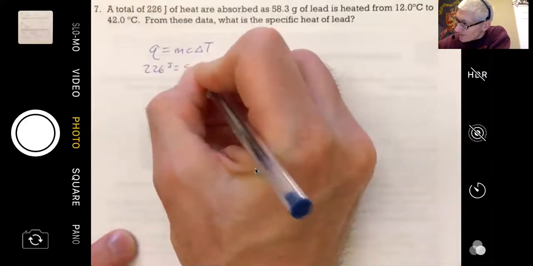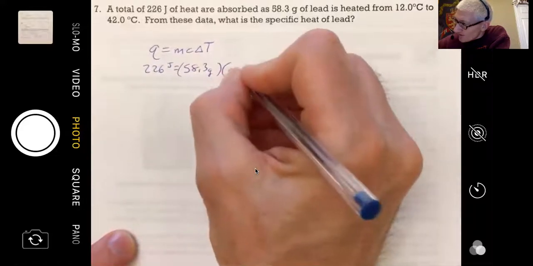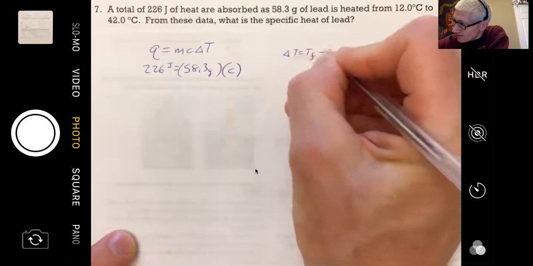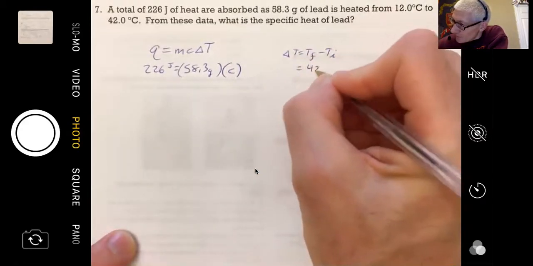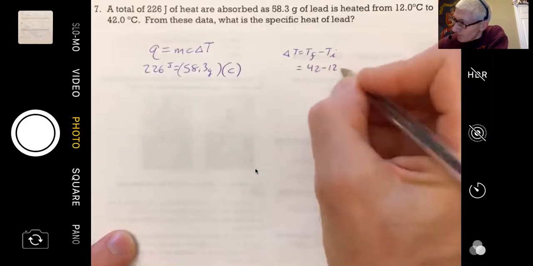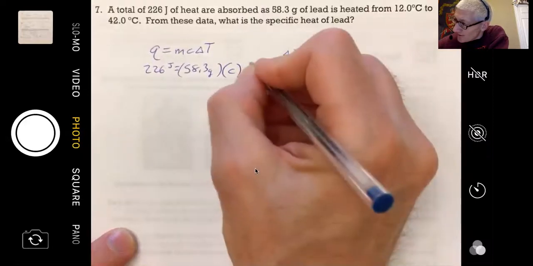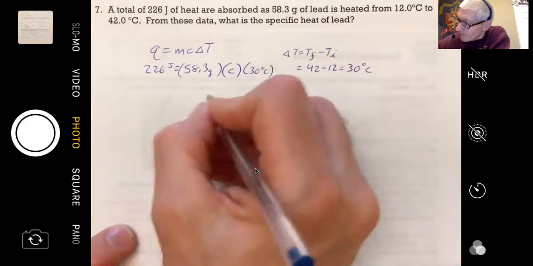The mass is 58.3 grams. We don't know the specific heat, but we do know that delta T is final minus initial. The final temperature is 42, the initial is 12, so that's 30 degrees Celsius, and we do the math.